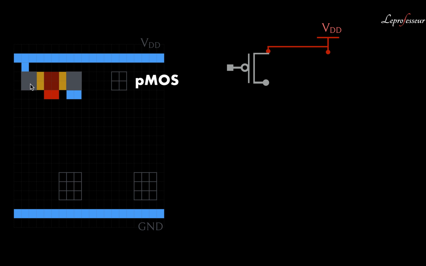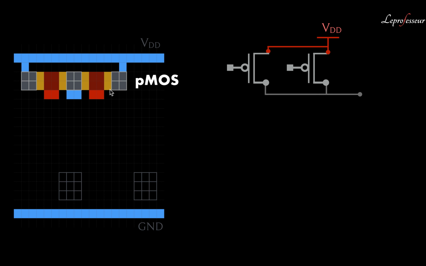So you might be aware that the polysilicon layer passes through another layer, and in between the two contacts, you get a PMOS. And then we are going to be drawing layout for another PMOS in parallel.